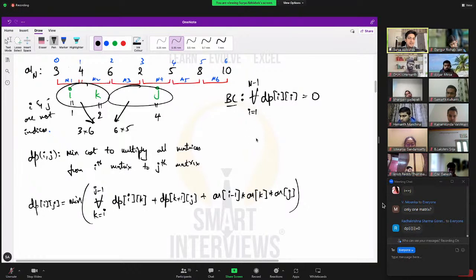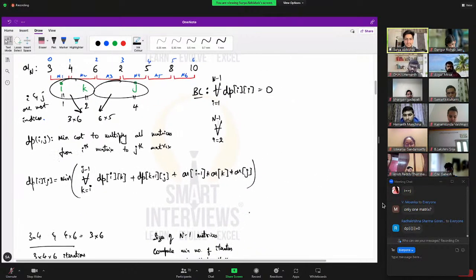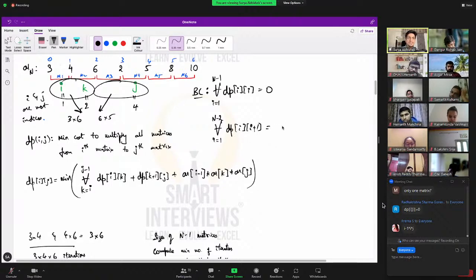Or you can probably write a base condition for two matrices as well. What will be the base condition for two matrices? dp of I, I plus 1, for I from 1 to n minus 2 to be precise, will simply be array of I minus 1 into array of I into array of I plus 1.